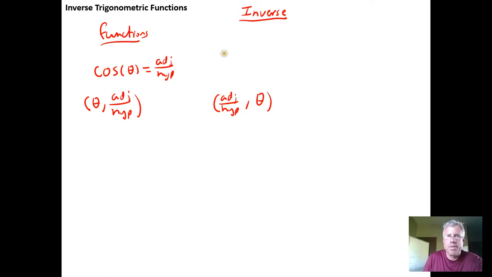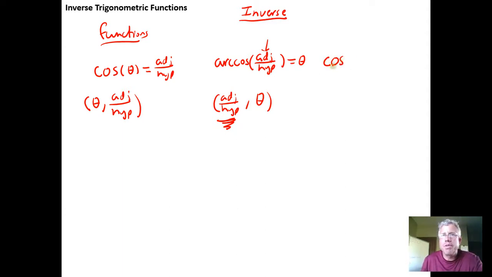The cosine of theta has an inverse function called the arc cosine, and we know the input into the arc cosine is a side ratio. It's a specific side ratio, the adjacent over the hypotenuse, and the output is the angle that generated that side ratio. We can also name the inverse function cosine inverse.